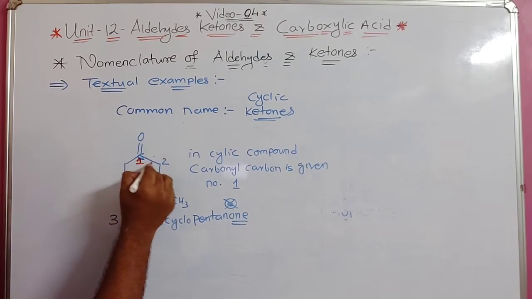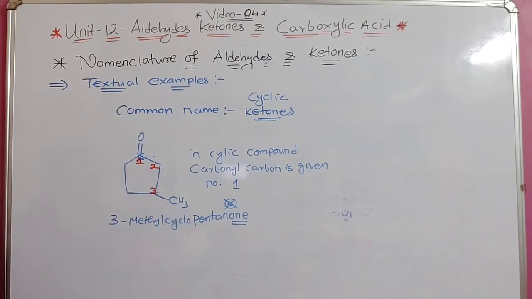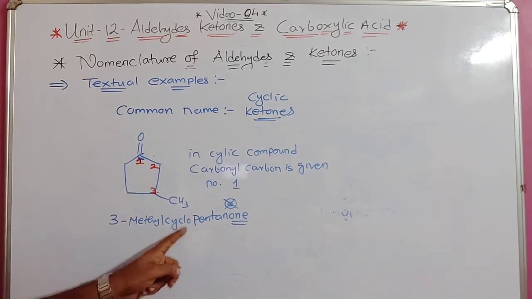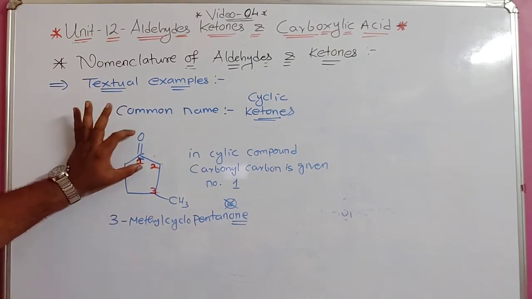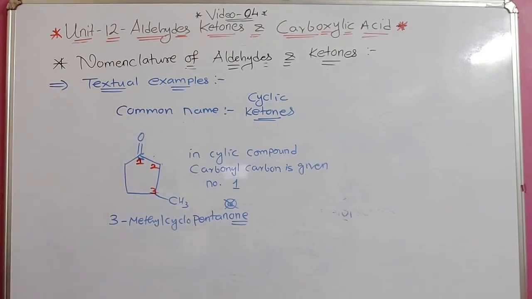This one is given number 1, this is 2, and this one is number 3 carbon. So, 3-methylcyclopentanone. In cyclic compounds, you have to remember that the carbonyl carbon is always given number 1. Don't forget this. One more example is given in your textbook, and I'll explain that only.